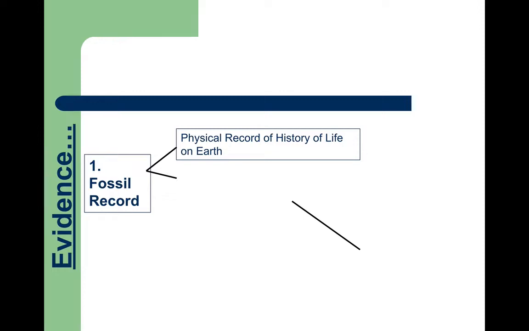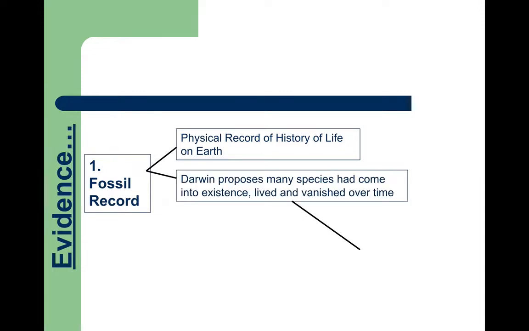We talked about the fossil record, or you should have learned about the fossil record, when we were talking about the history of life. So most of our understanding of how life has changed over the 4 billion years of Earth's history has been through the fossil record. And there was a gentleman named Charles Darwin who did a lot of observations of the natural world, and he proposed that many species have come into existence and have lived their life and then have vanished over time.